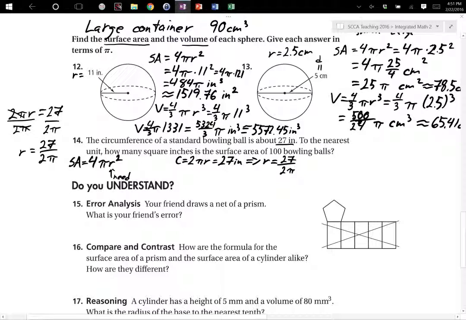Okay. So we found this. You can approximate it. I didn't. I went ahead and I substituted. So I did my surface area equals 4 pi. Then I substitute my r, which is 27 over 2 pi. Remember, you can approximate it. And then that is 1 bowling ball.